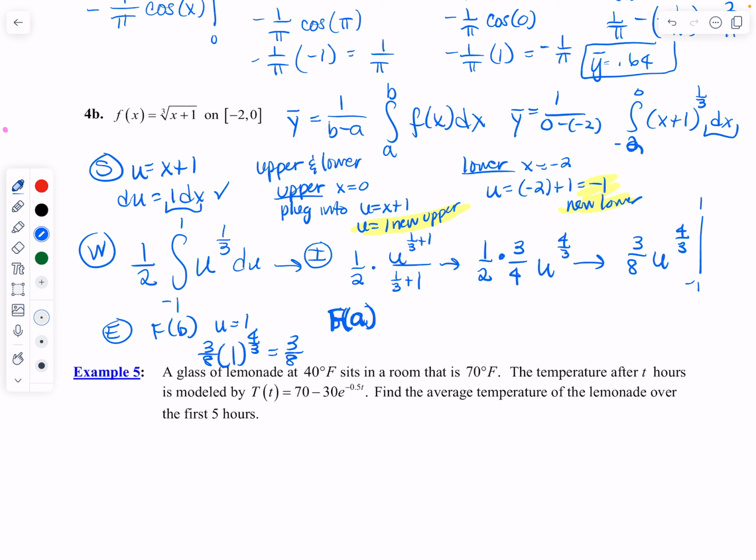Let's just do that really quick. Okay, F at a. So we do 3/8 times negative 1 to the 4/3 power. If I take the cube root of negative 1, I get negative 1. But then if I take that to the 4th power, it becomes a positive 1. So this is also 3/8.